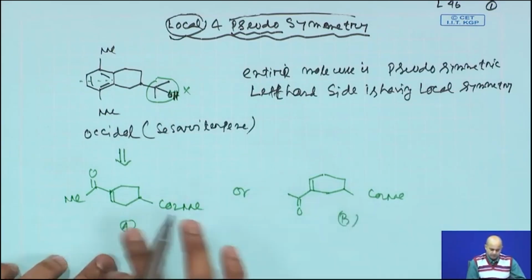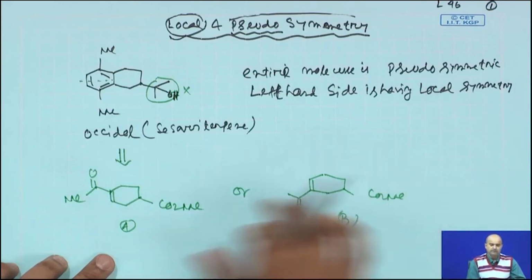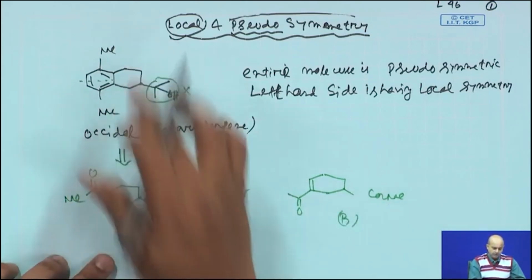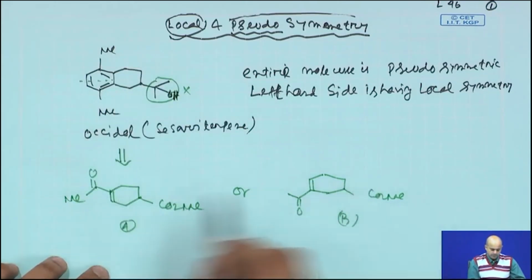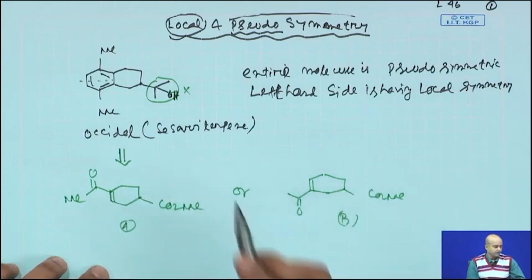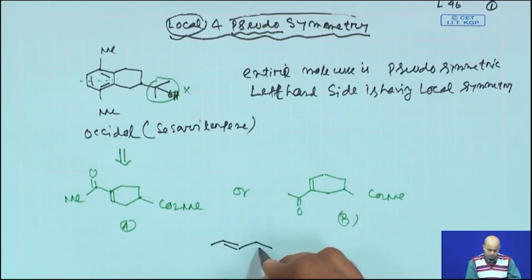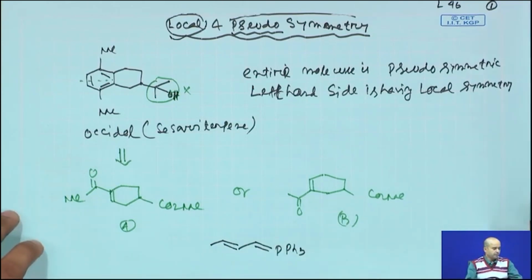A and B are regioisomers of an alpha beta unsaturated ketone. In addition, the other hint given to you is that you also have to use this Wittig reagent.